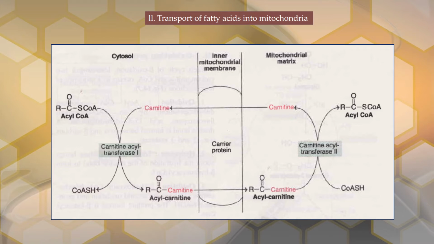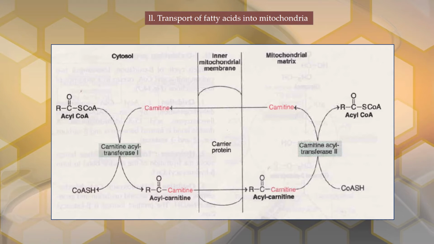Step 2, transport of fatty acid into mitochondria. Acyl coenzyme A in cytosol is combined with carnitine by the help of carnitine acyl transferase 1, which will produce the acyl carnitine, and that is permeable to the mitochondrial membrane.